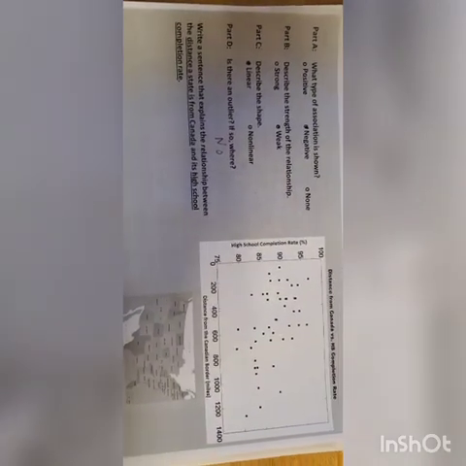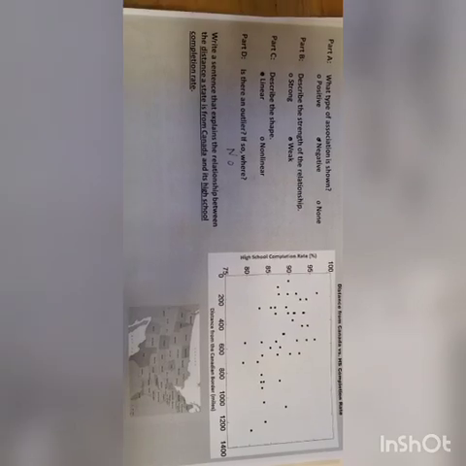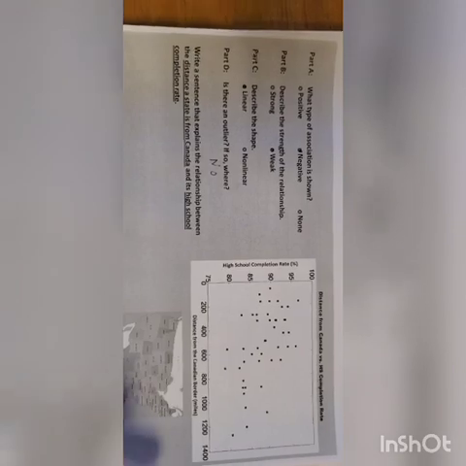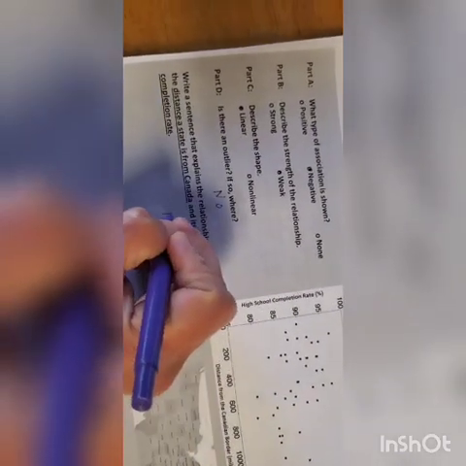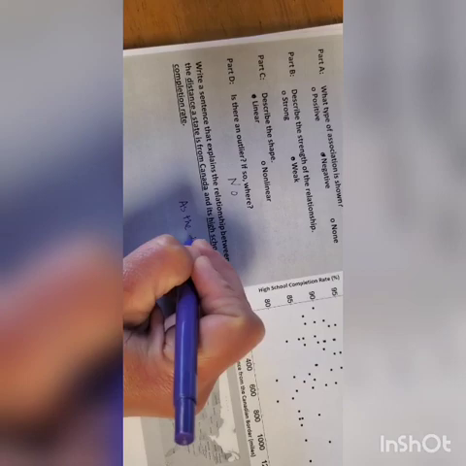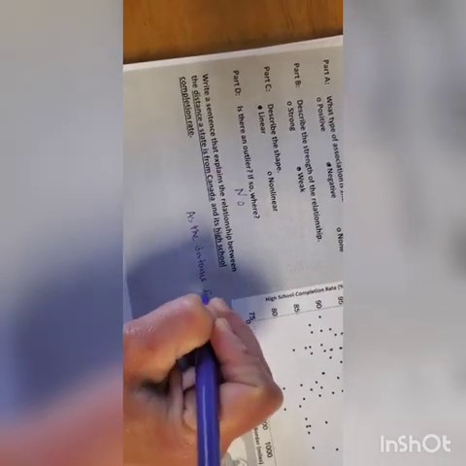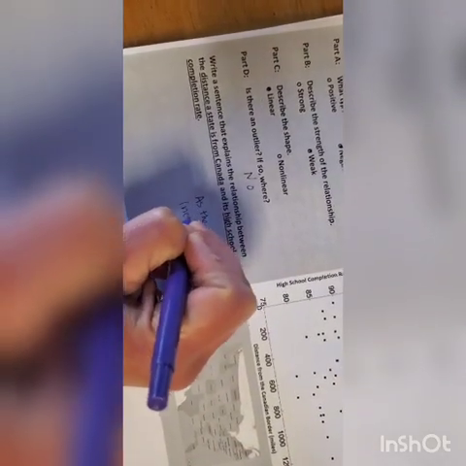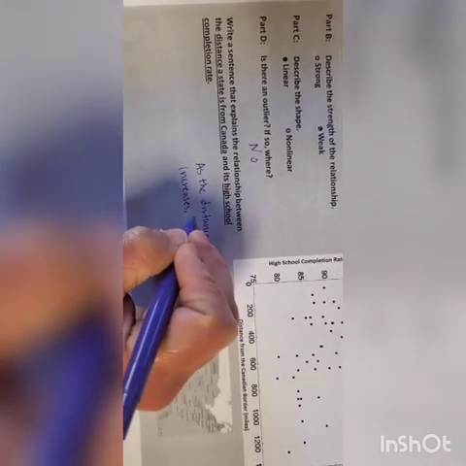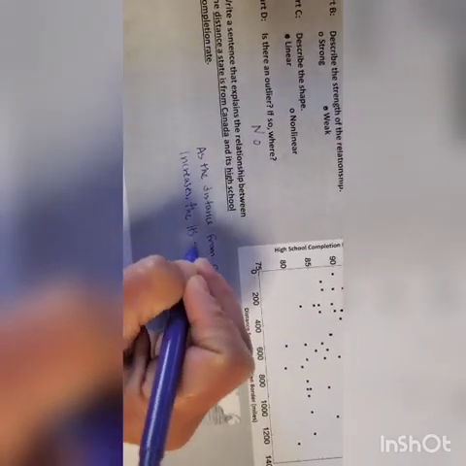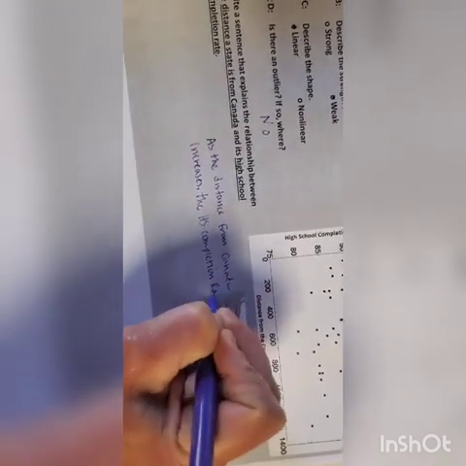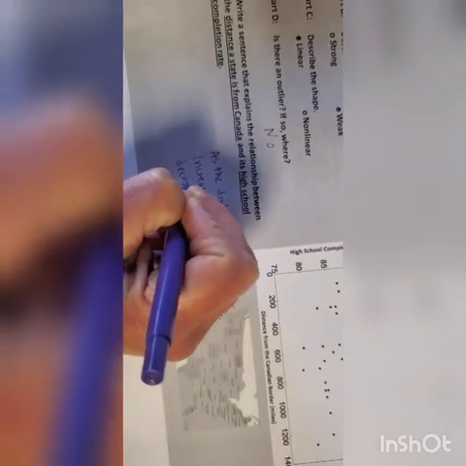Now, when we write a sentence that explains the relationship between the distance a state is from Canada and its high school completion rate, the way we would write that is, as the distance from Canada increases, the high school completion rate decreases.